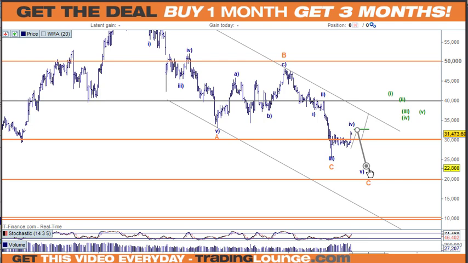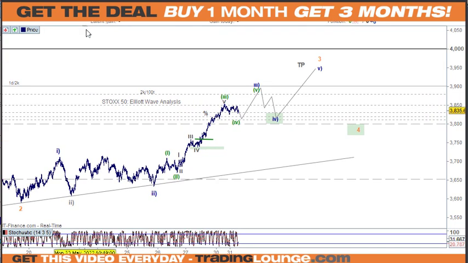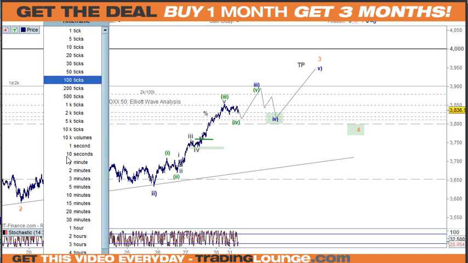So if we're going to have a move down with the tech stocks, then it gets a little bit hairy as well, actually. What I mean by that is, let's have a look at the S&P, because I've got the bigger bearish count on that picture.